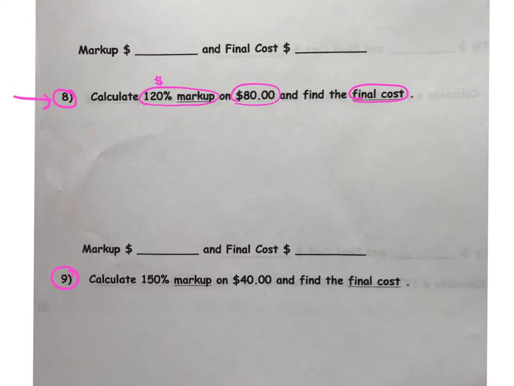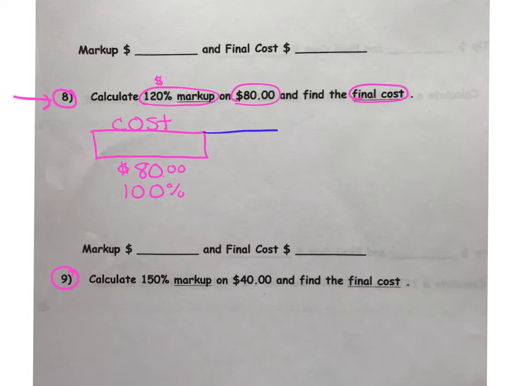Let's get set up. Let's say we have a store and we purchase a piece of art for $80 from a local artist. That's 100% of what we have invested. That is the cost of the item. But we need to make a profit on this item.